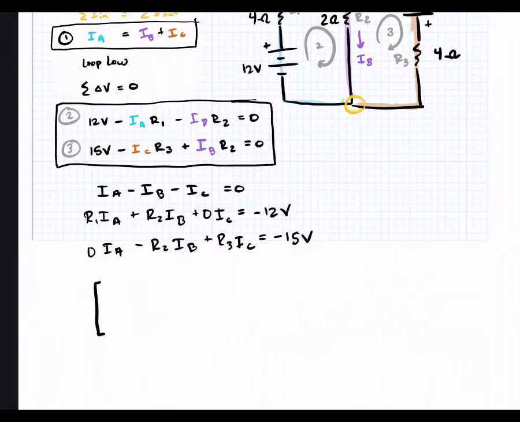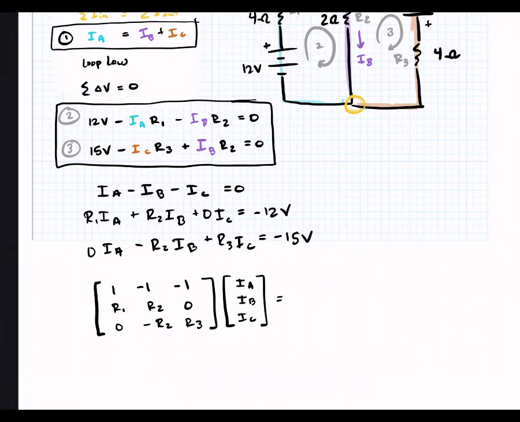So look, this is going to be 1, negative 1, negative 1, R1, R2, 0, 0, negative R2, R3. And if you use matrix multiplication, this is IA, IB, IC is going to be equal to 0, negative 12 volts, negative 15 volts.